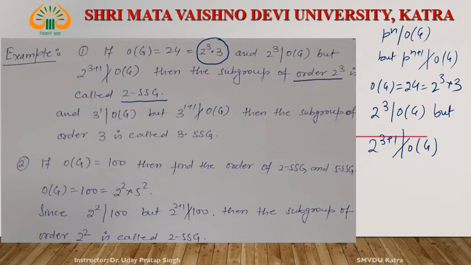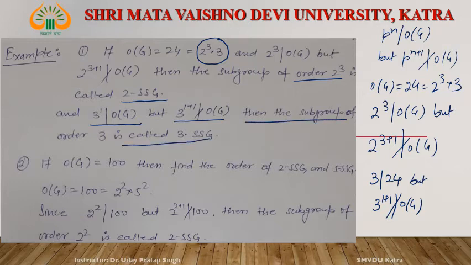Similarly, 3 divides the order of G, but 3 to the power 1 plus 1, that is 9, does not divide the order of G. 9 does not divide 24. Then the subgroup of order 3 is called 3SSG.